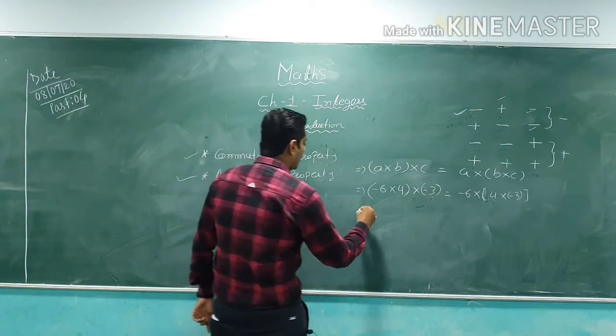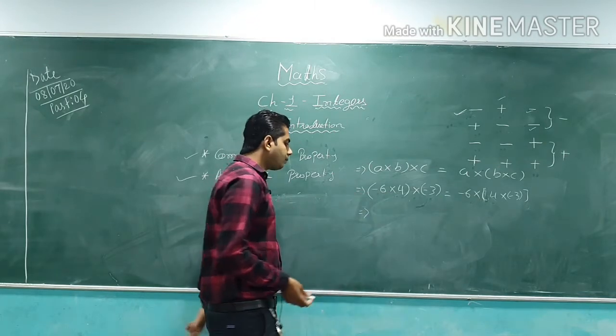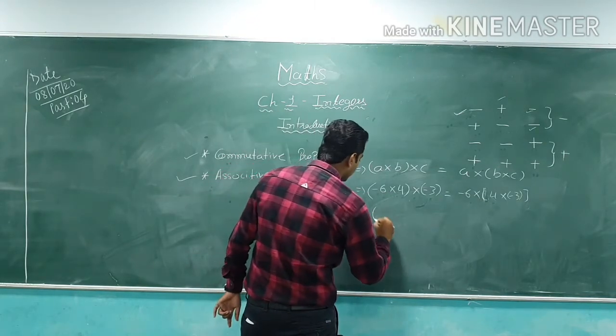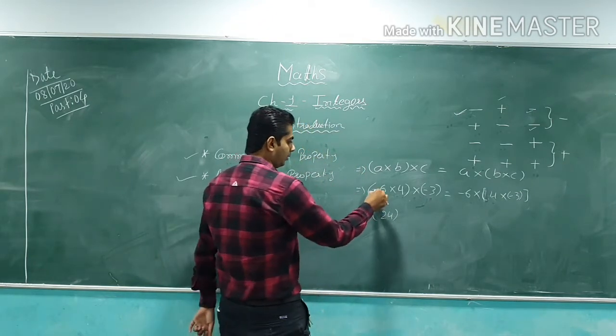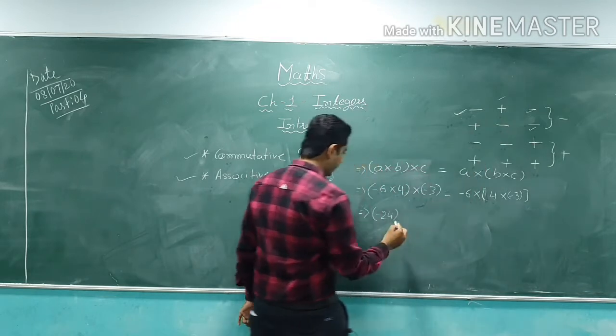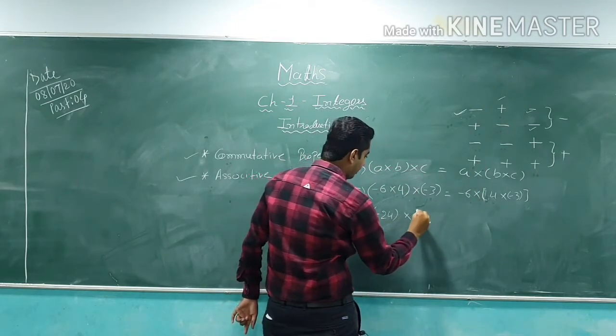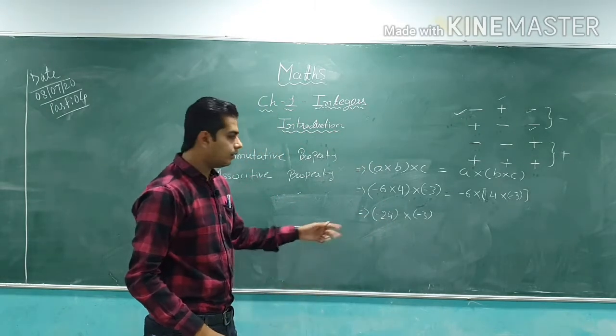So now let's do multiplication. First of all, in the bracket 6 4s are 24. So let's write 24 first. But what sign should I put here? Minus plus minus, again minus plus minus, multiply minus 3. Now what is 24 3s are?